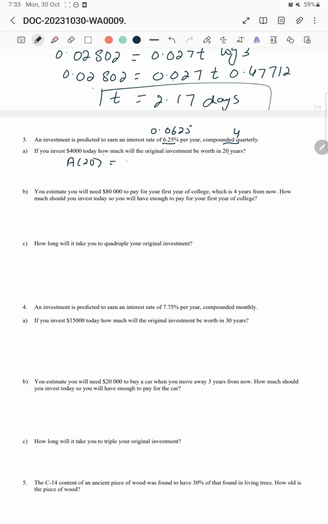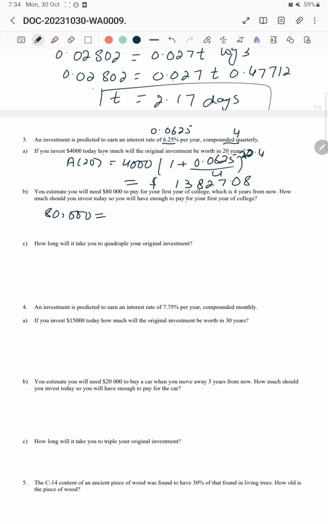So A of 20 is equal to 4,000 times (1 plus 0.0625 divided by 4) to the power 20 into 4, for 20 years. So you will get $13,827.08.